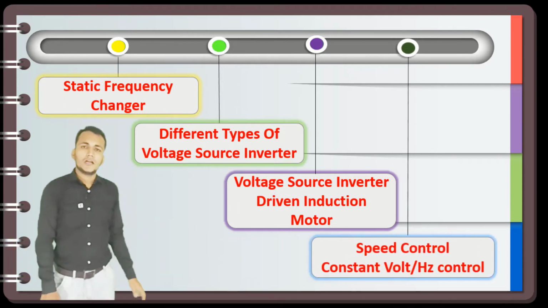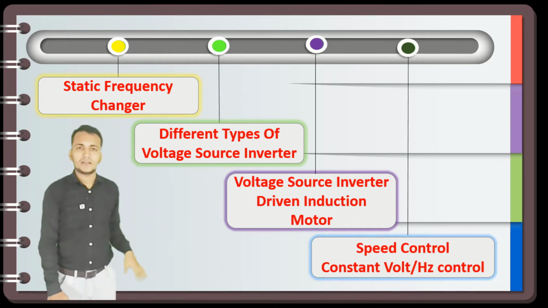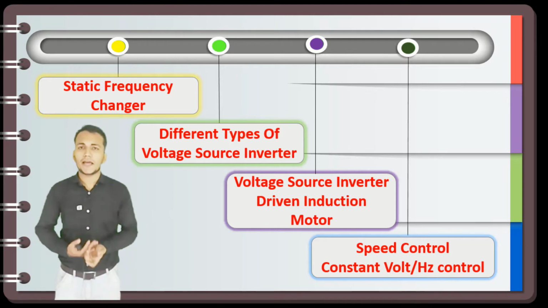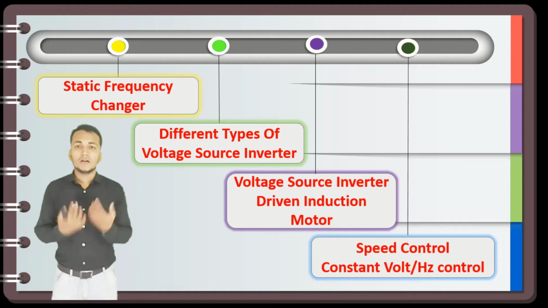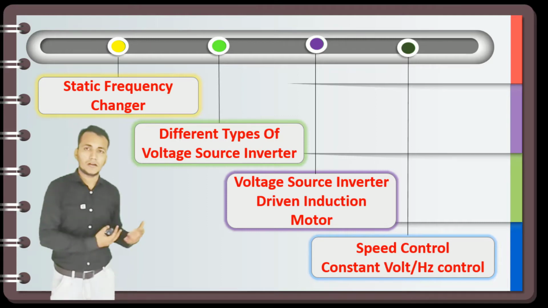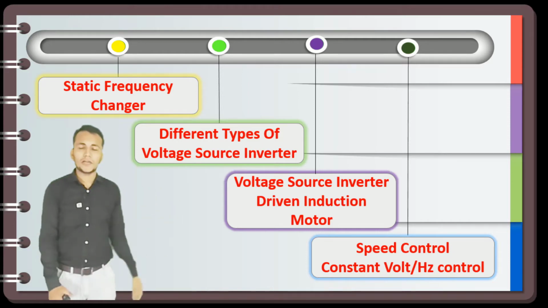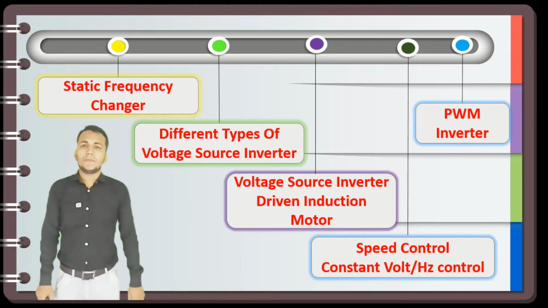Then speed control and the constant V by F control method. In this topic we have to discuss the different types of speed control of AC motor drives, and the most popular method, the V by F control method. And the last topic is the PWM inverter.